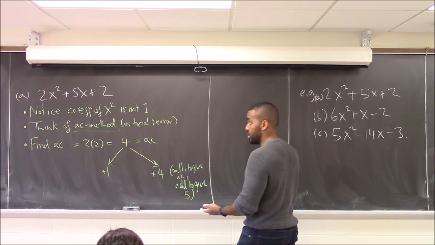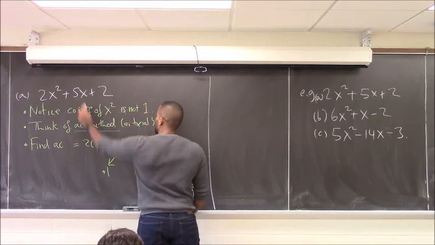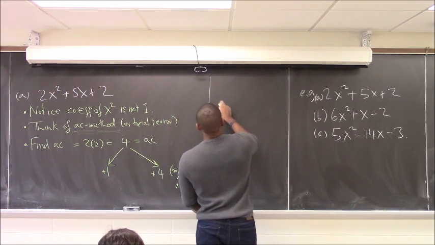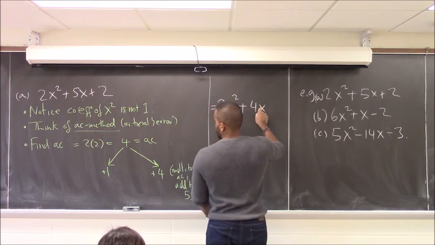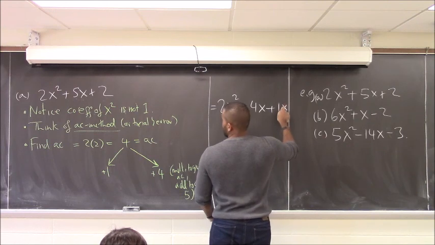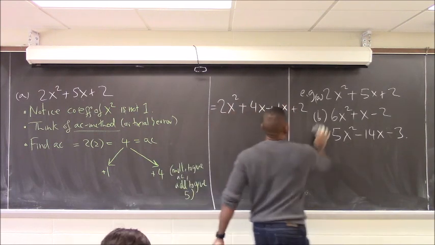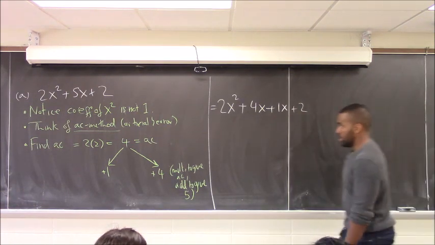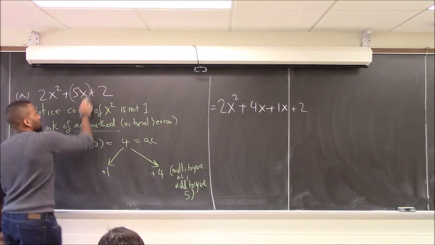But now you start to write things down on paper. Here's the first thing you write down. You're going to split the middle term into these two. So the next line is going to be 2x squared plus 4x plus 1x plus 2. So the middle term, the 5, now splits into those two.